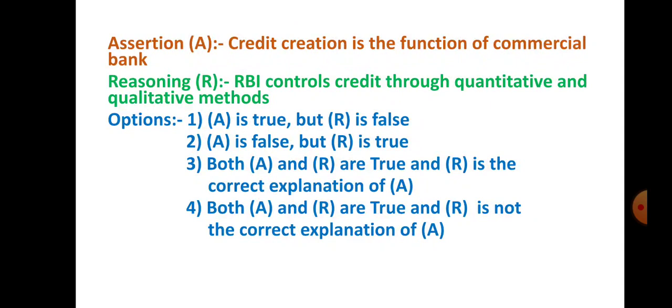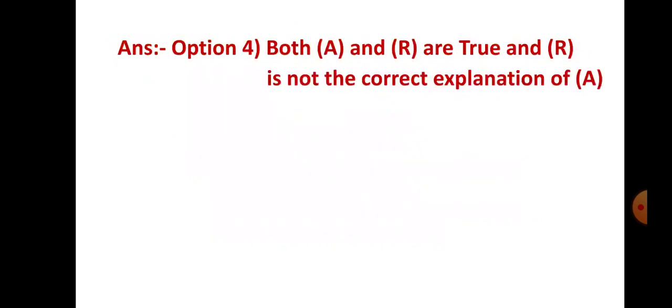The given assertion: credit creation is the function of commercial bank. And reasoning they given: RBI controls credit through quantitative and qualitative methods. Here both assertion and reasoning are true. And here 4 options are given. You have to choose any one option, that is your answer. Now let us see the answer. Here answer is option number 4.